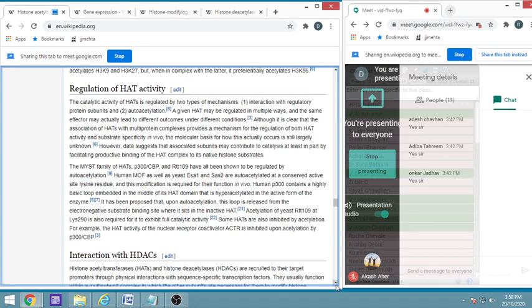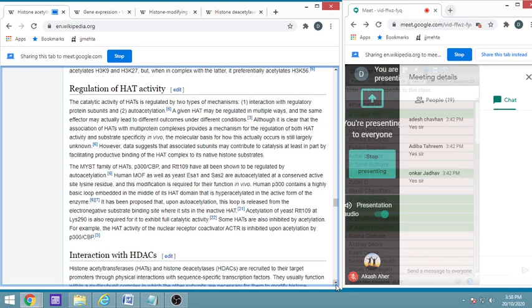The same effector may lead to different outcomes under different conditions. That means there can be different actions at different times, and therefore this is a very complex regulation that is maintained, so that homeostatic activities or normal physiological activities of gene expression can be carried out. This multiple control serves the purpose.